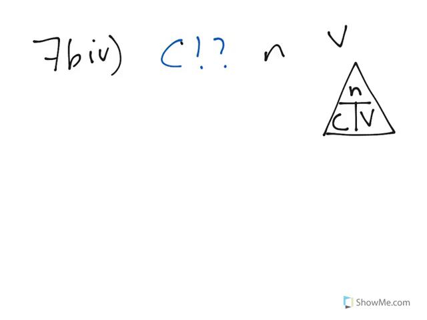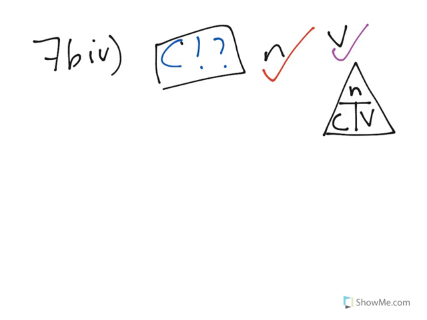Now question 7b4 is asking you to calculate the concentration in mol per dm³ of the sulfuric acid. So how do we find out the concentration? So basically what we have is the number of moles of sulfuric acid used, which we found in the previous question, and we also have the volume of sulfuric acid, which is 25 cm³.